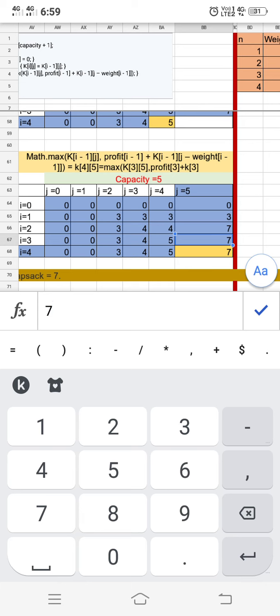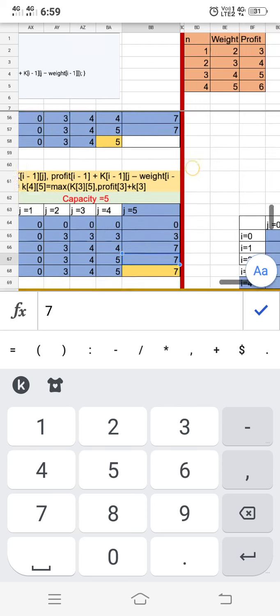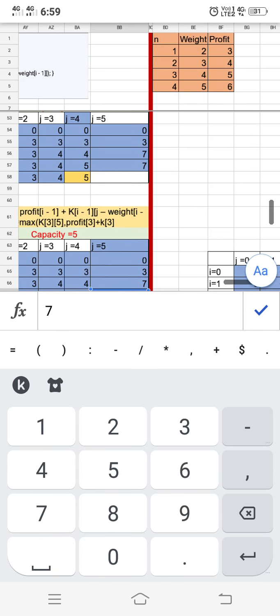When the object 3 is selected, its weight is 4 and its profit is 5. Now I will try to find other objects for j equal to 5. I can add the objects 1 and 2, totally giving the weight 5 and its profit is 7.